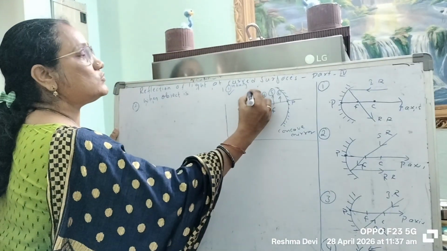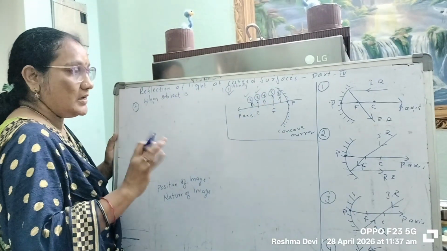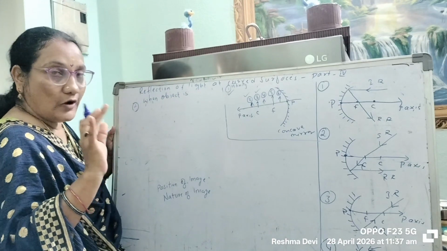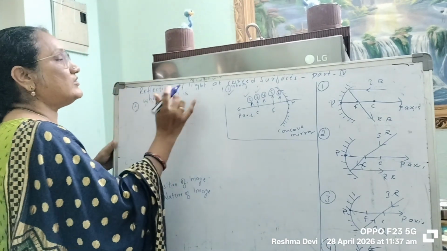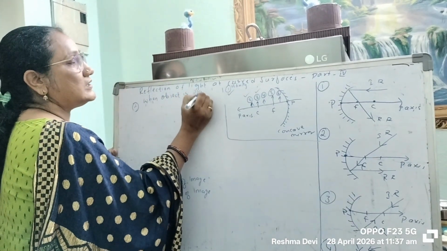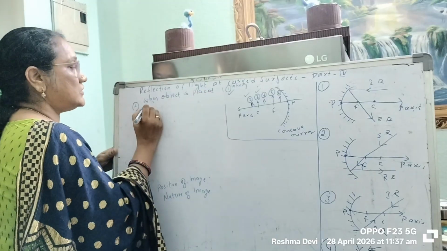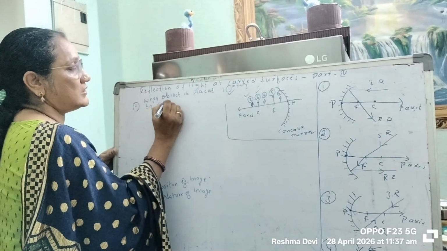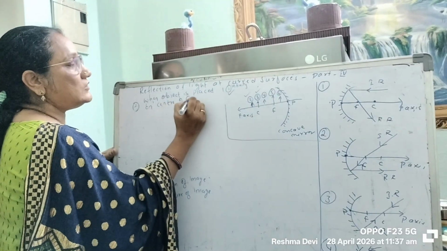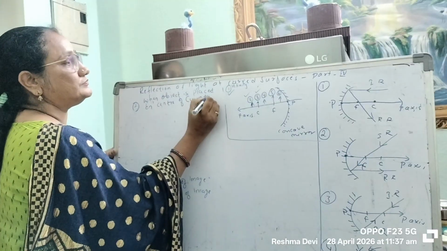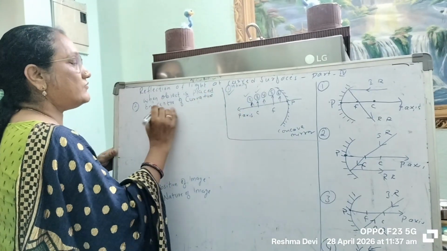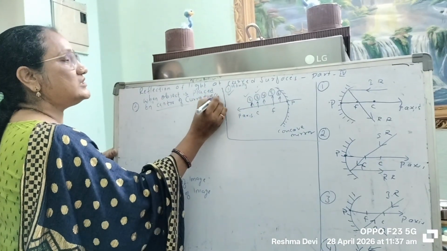Now position 2 completed. Position 3. Position 3, on center of curvature. When object is placed on center of curvature.